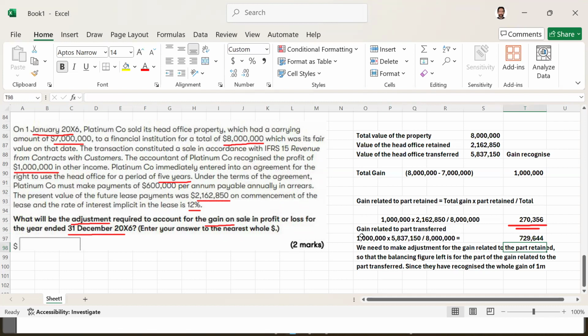So we automatically have the balancing figure, which is the gain related to the part transferred. This is the gain that should have been recognized, but since they have recognized the whole gain, we need to make an adjustment for this 273.56. Really, we should be making this gain, but since all of the gain, the total 1 million, is recognized, we need to make an adjustment for this one. The question is asking about the adjustment required. Okay. Yeah.